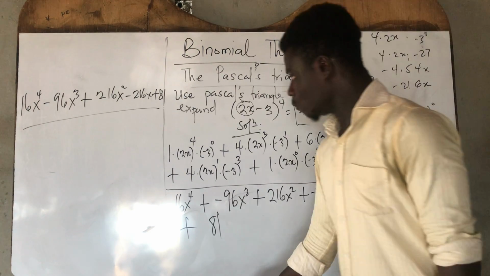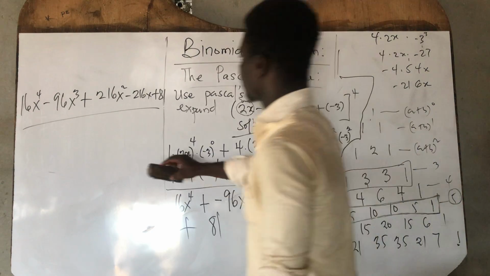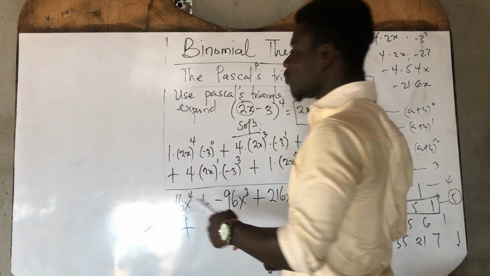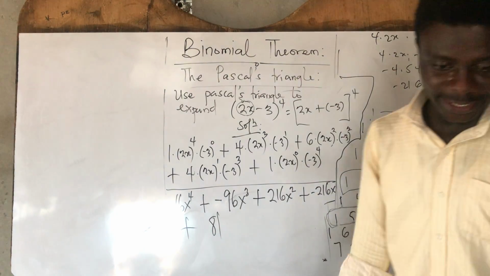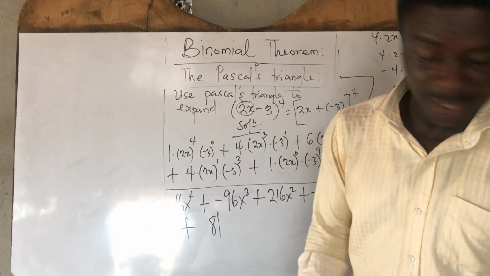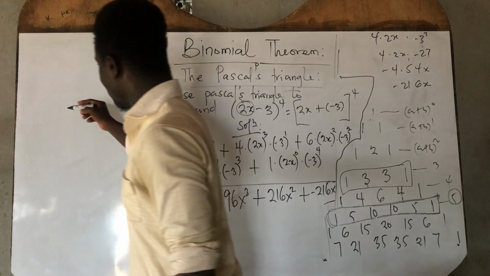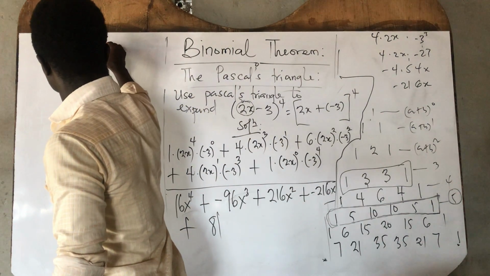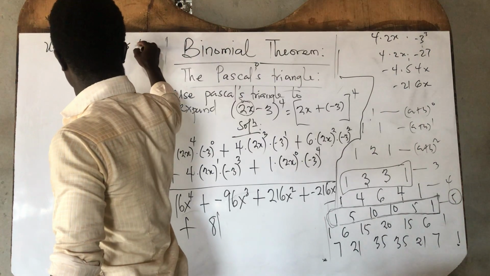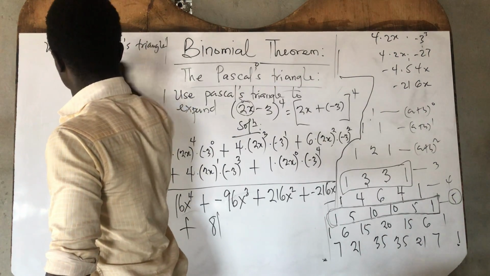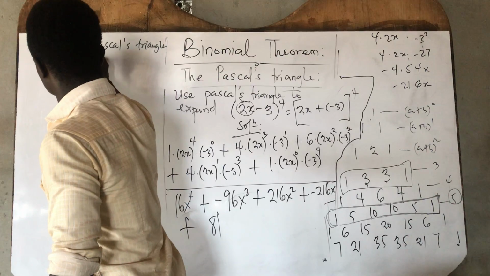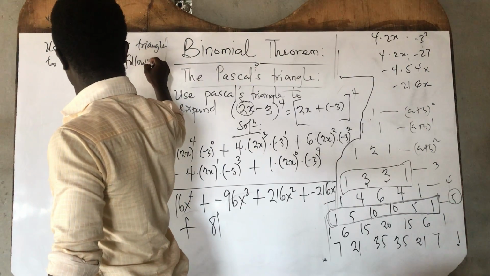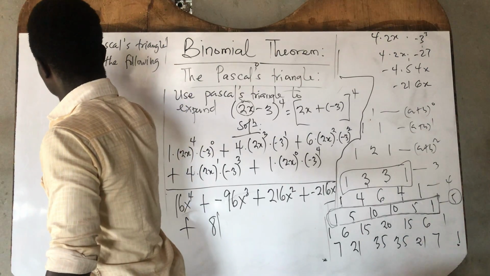Alright, so let me give you 3 questions to try, or if I feel like it, I can give you more questions to go and try. So we are using Pascal's triangle. Use Pascal's triangle to expand the following binomials.